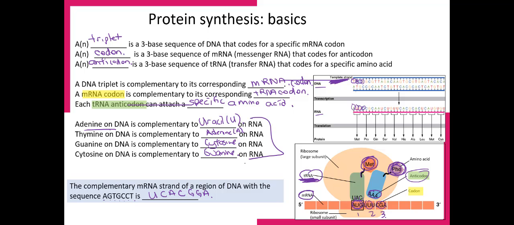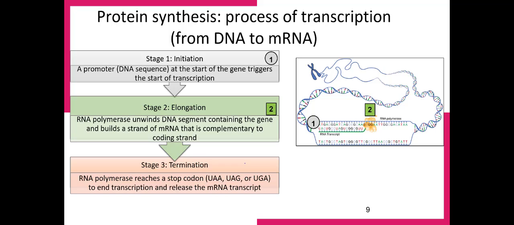So let's talk about the first process of protein synthesis, which is transcription: creating a strand of messenger RNA from a complementary strand of DNA. The first part is the start, or initiation. You've got a DNA sequence called a promoter sequence that triggers the start of transcription, right?